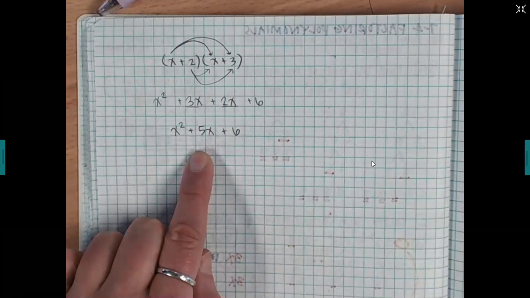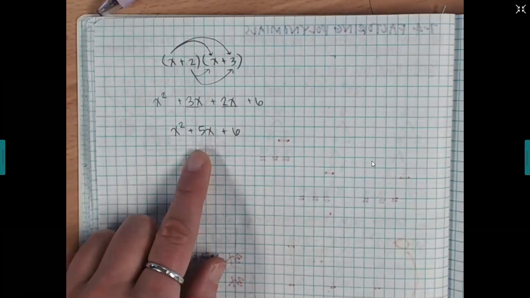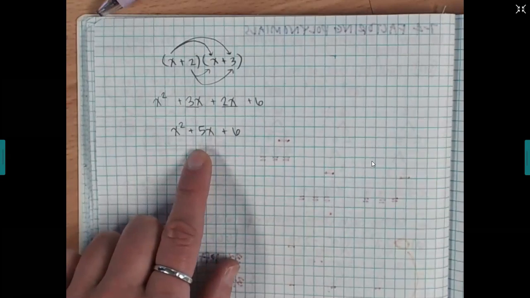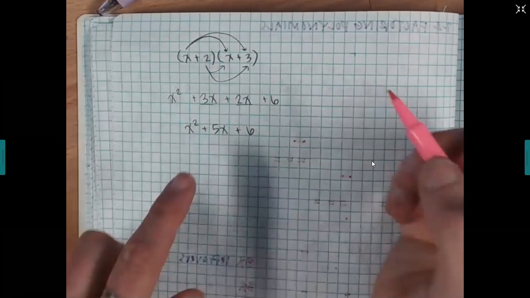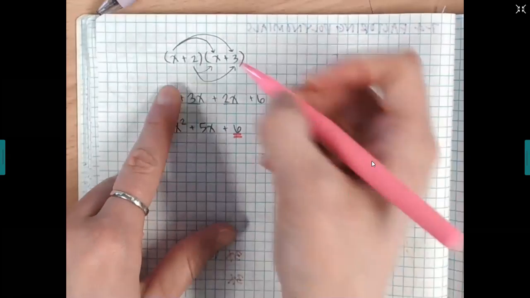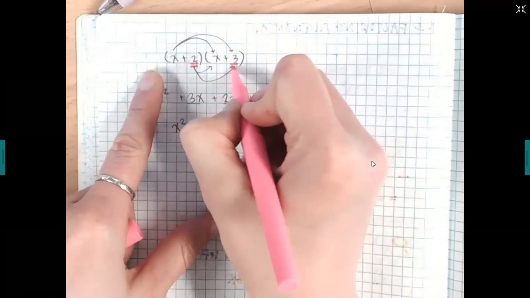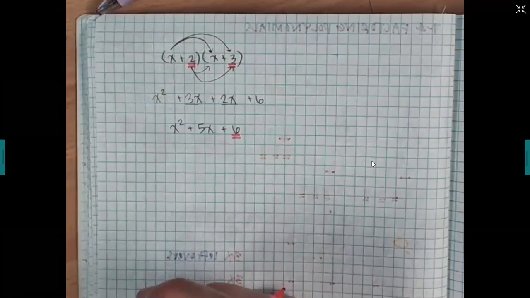So if we're looking at a pattern, what I'm noticing here is that this 6 comes from the product of these last two terms.